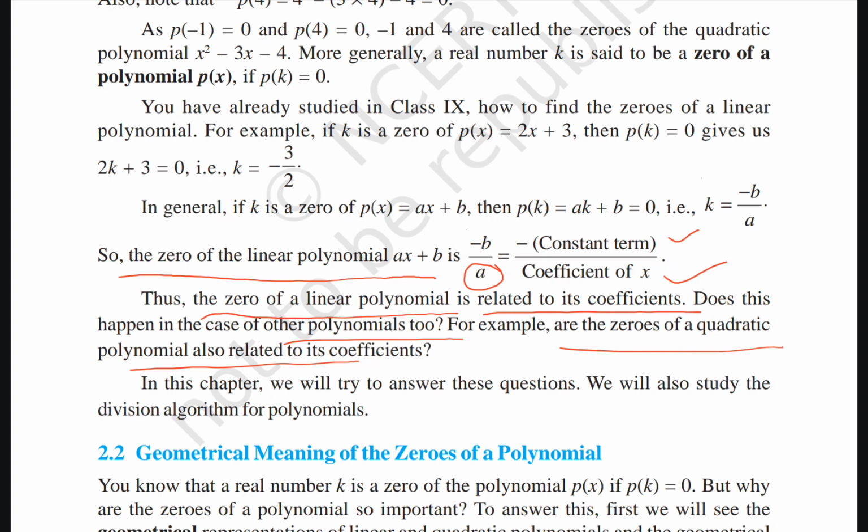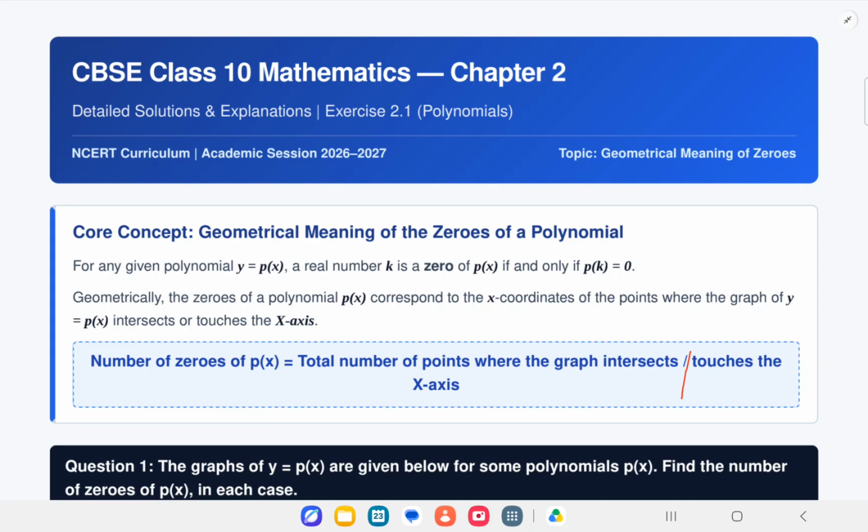So in this chapter we will try to answer these questions. We will also study the division algorithm for polynomials. So now we will do exercise 2.1 of this chapter, which is the first exercise of chapter 2, polynomials.